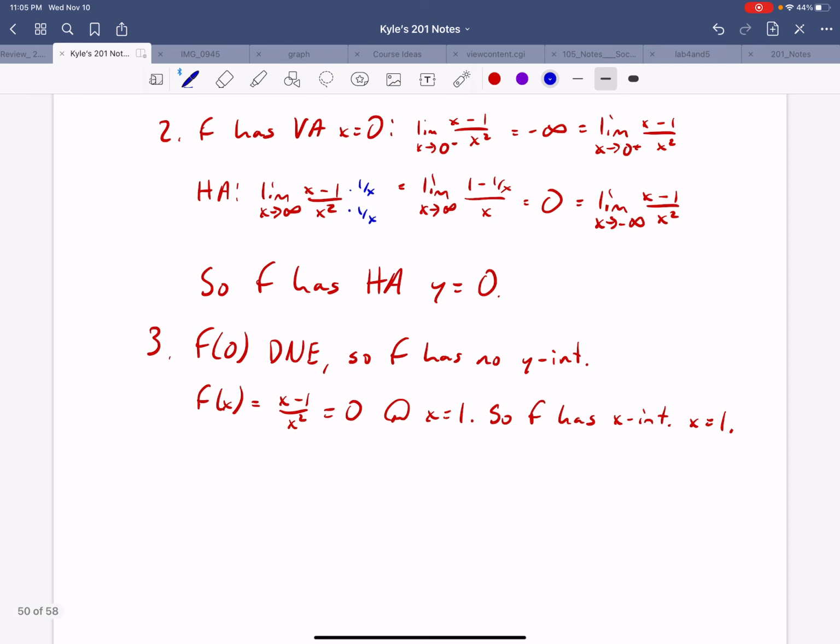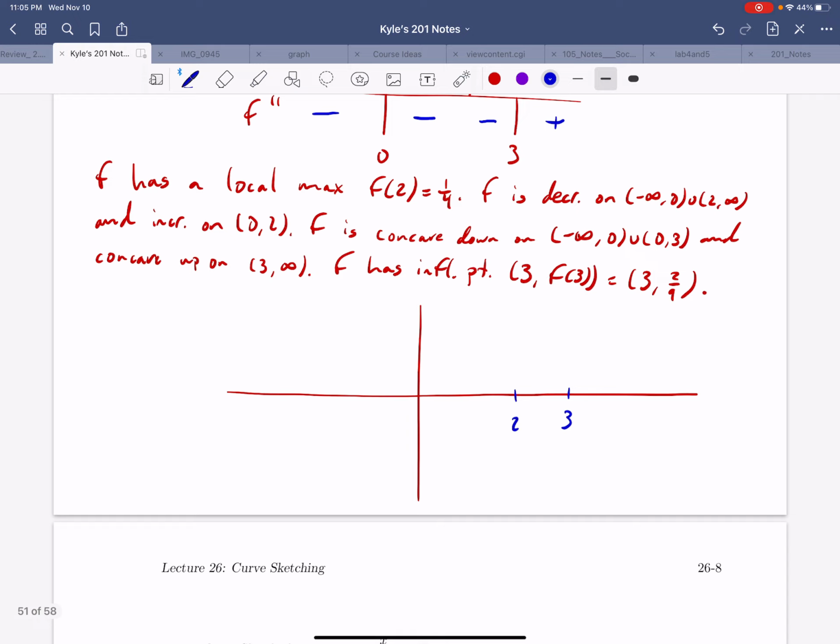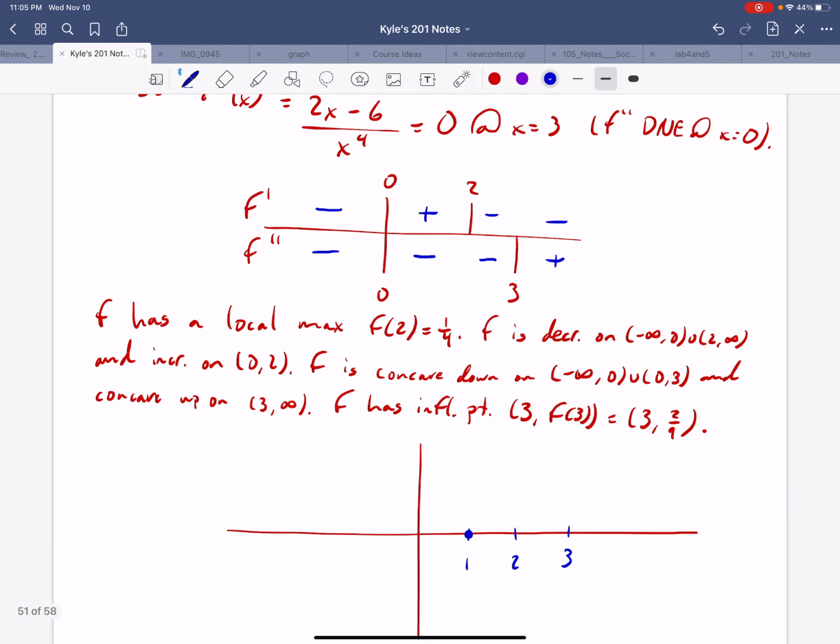No y-intercept, but we did have an x-intercept at 1. So maybe we can mark that point down. We also know that f of 2 equals 1/4, and that f of 3 equals 2/9, which is a bit less than 1/4.